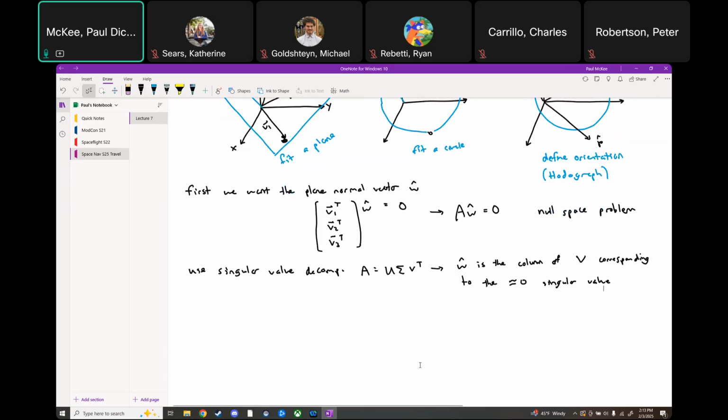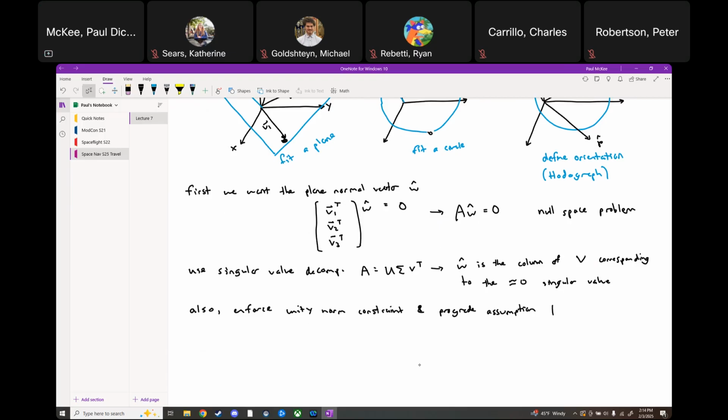Now, to be safe before we continue, we enforce the unity norm constraint and the prograde assumption. So what does that mean?